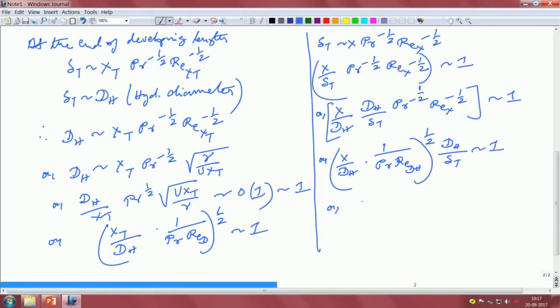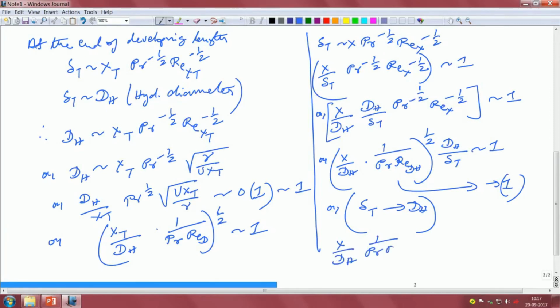So, as delta t approaches dH, this particular ratio approaches 1. In the limiting case it is 1, as this approaches your dH. So, basically x by dH into 1 over Prandtl number Re dH, to the power of half, is equal to 1.